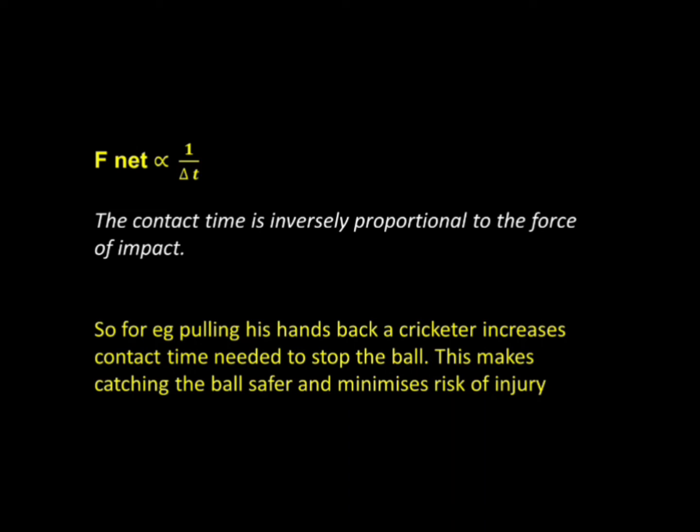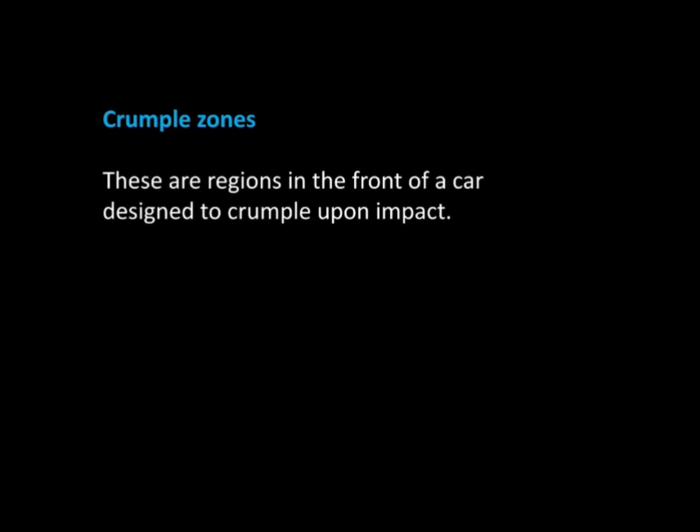In the case of cars, what can we do to make collisions much safer? We have realized that cushioning a collision is very important, but we can't put a cushion in the front of a car. What we can do is to design a region called a crumple zone. So these regions are designed in the front of a car, designed to crumple upon impact.